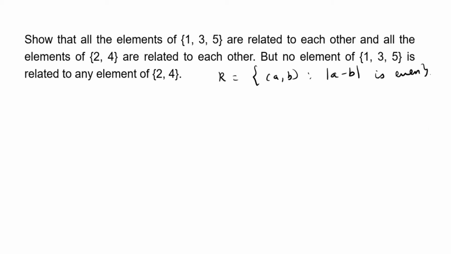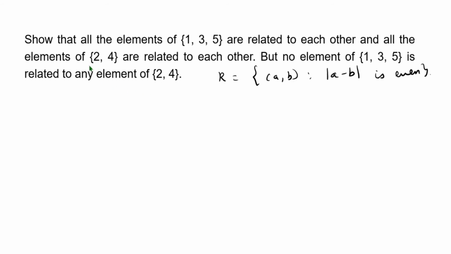So if we take the set of elements 1, 3, 5, and we take mod of a minus b where a is one element and b is the next element, then it will be even. So all these elements are related to each other. If we take any two elements from 1, 3, 5, the mod of their difference is going to be even.